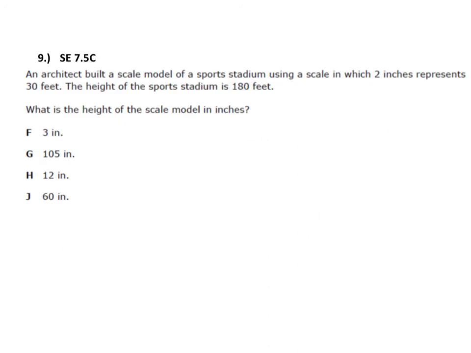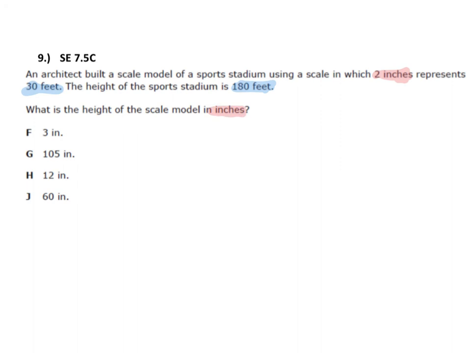Number 9 says an architect built a scale model of a sports stadium using a scale in which 2 inches, so there's our first clue, 2 inches, represents 30 feet. It says the height of a sports stadium is 180 feet. So what is the height of the scale model in inches?